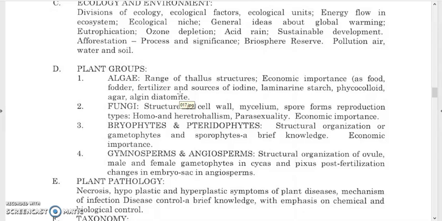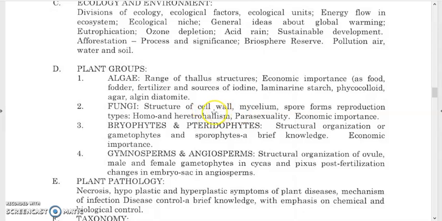So these are different questions that can be asked here, like algae, range of thallus structure, economic importance as fodder, fertilizers, sources of iodine, laminarin, starch, phycocolloids, agar, algin, diatomite. These are different stored food materials present in algae.